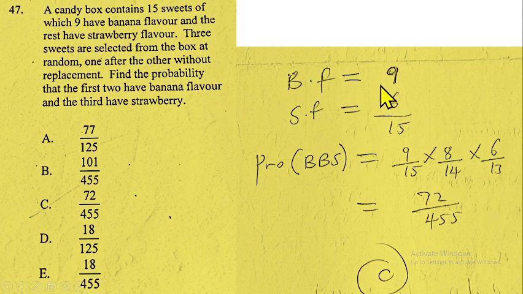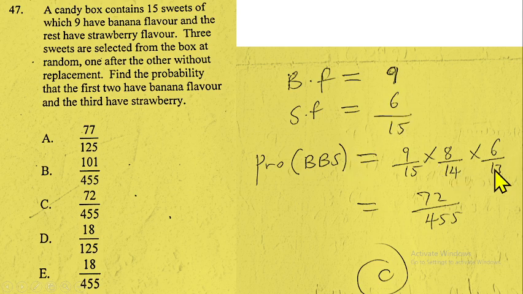That means when you pick the first banana flavor, you are not going to replace it back before you pick the next one. So when you pick the first one, the banana flavor will reduce to 8 and the total outcome reduces to 14. Then the next one is strawberry, which is 6, out of 13. So you pick one out of this 6 for strawberry.